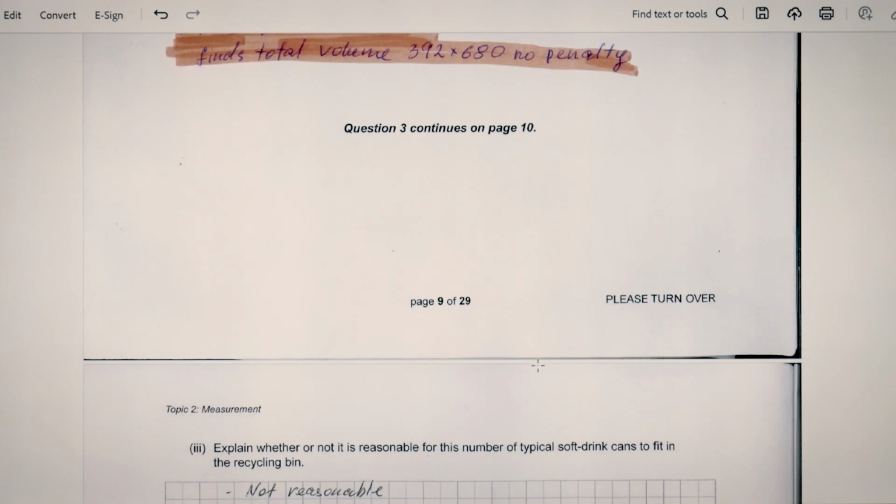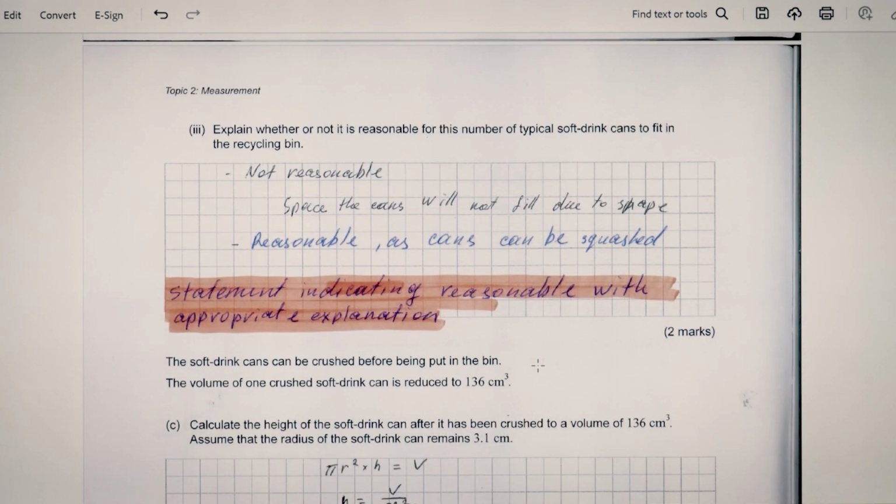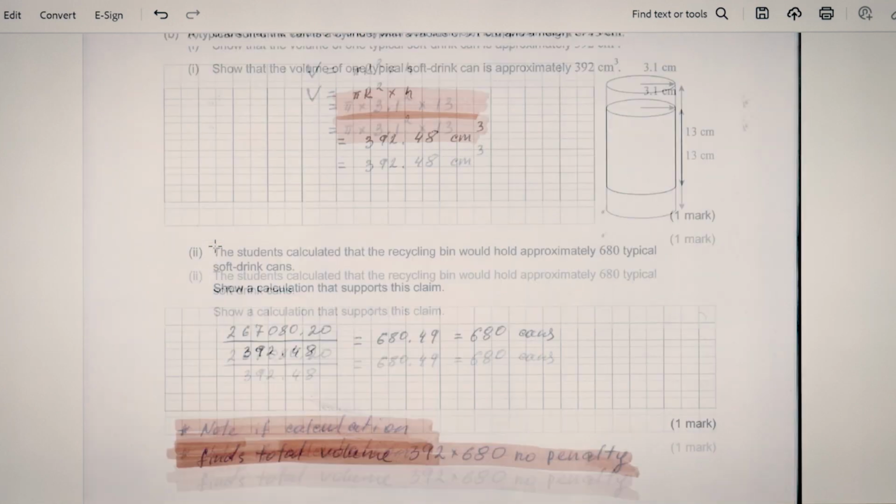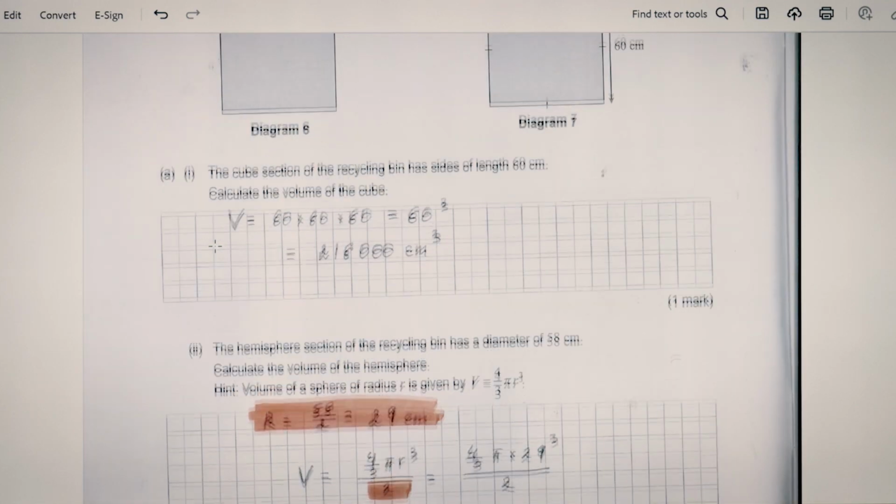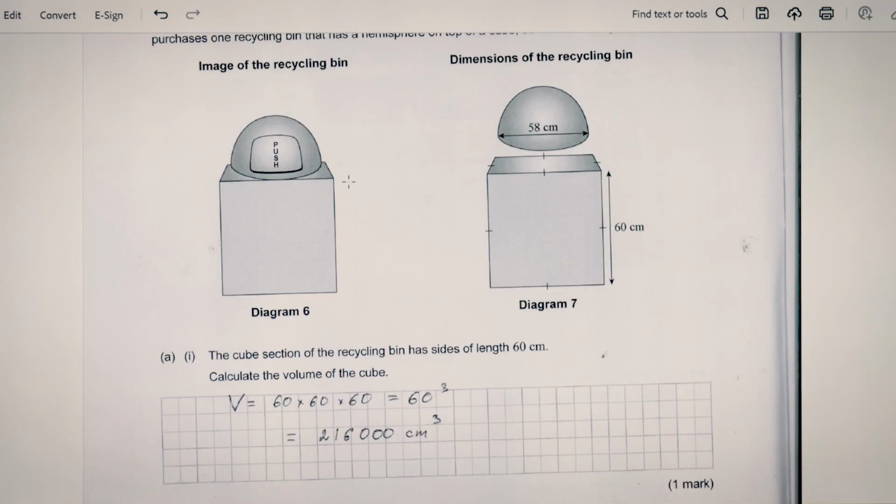And then this explanation question was very, very interesting to see how creative the students were. In the first attempt when we were writing the answer, we said, no, it's not reasonable, because when you put the cans in this shape, you need to put cans next to each other, and there are gaps in between, so it will not fill.